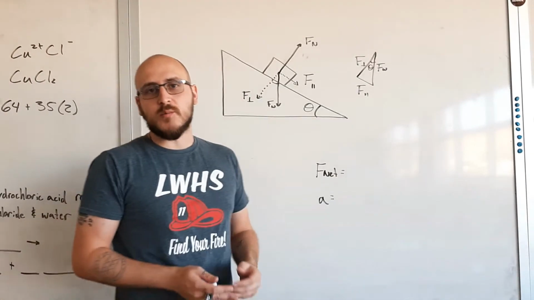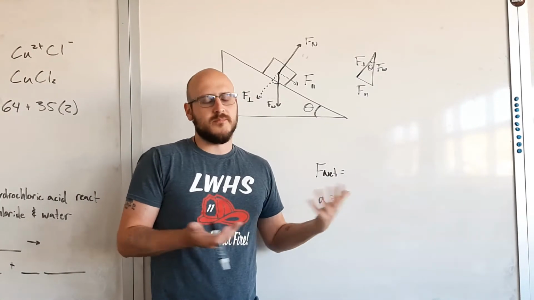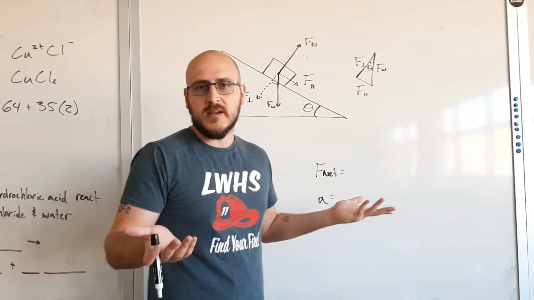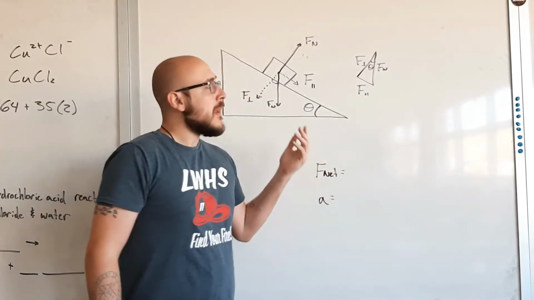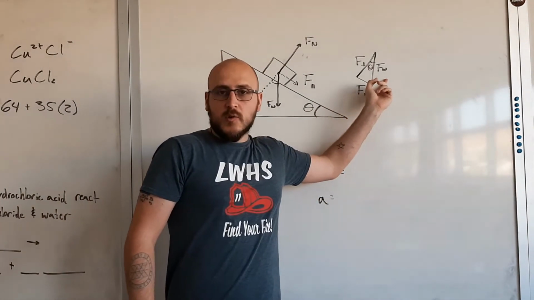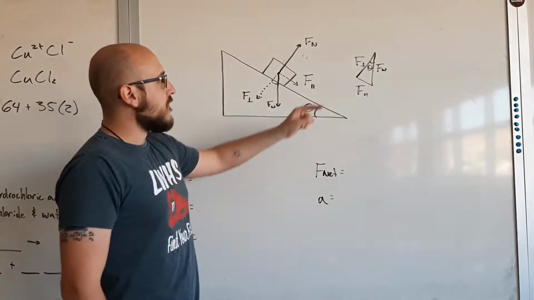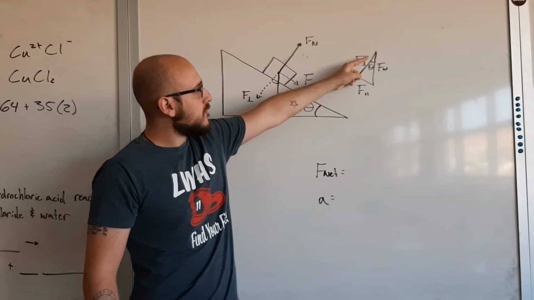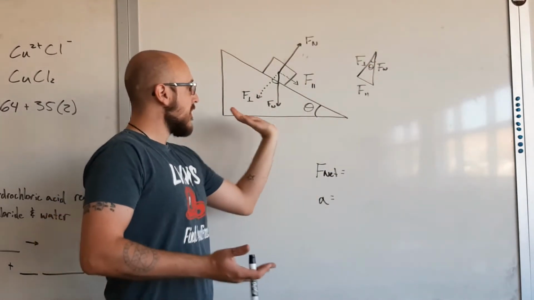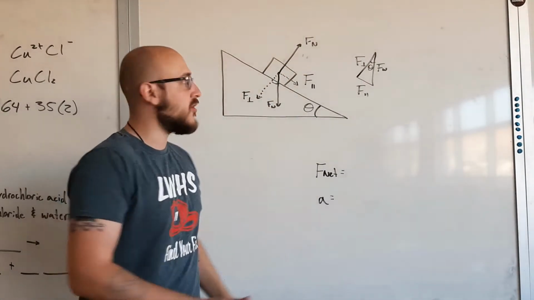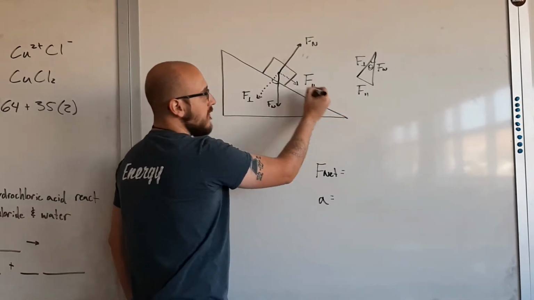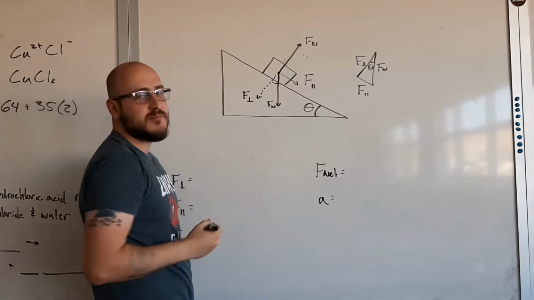In most cases, it will tell you you have a mass of usually 5 kilograms, because I'm lazy and I like 5. It's a nice number. So you'll be able to figure out your weight going downward by just doing mass times gravity. Now, if we're looking for that perpendicular side, you'll also probably be able to measure the angle of a ramp. It might tell you the length of the ramp or the height that it has been raised to.